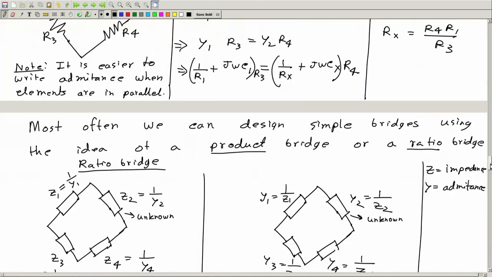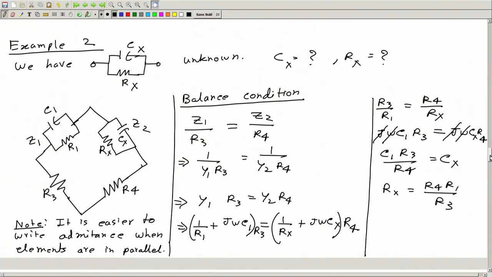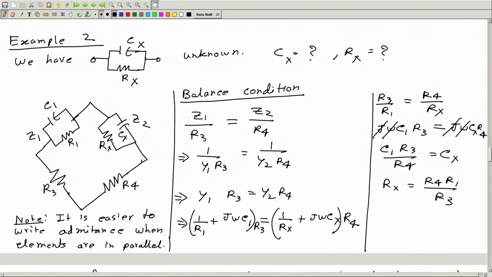I think it will be more clear if we just take an example, and the example we have already seen is this. This was the unknown, and these 3 are our choices. Branch 1, 3 and 4 was our choice. We have chosen R3 and R4 to be pure real numbers.